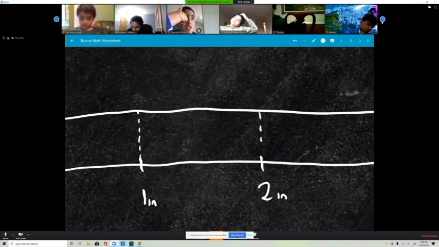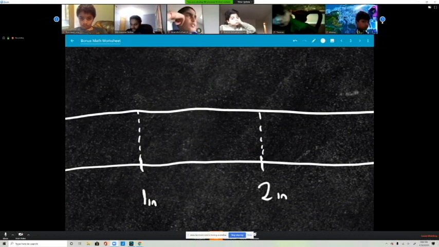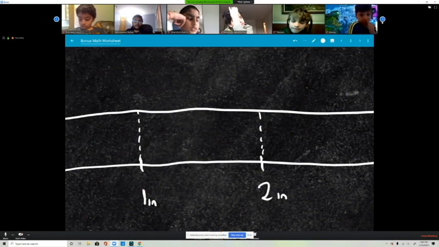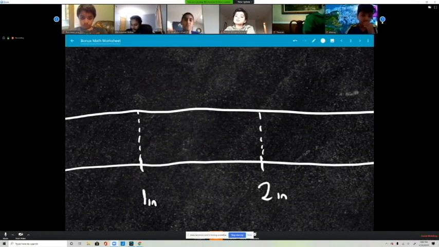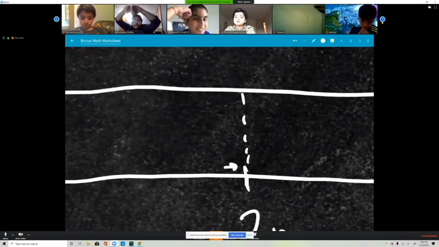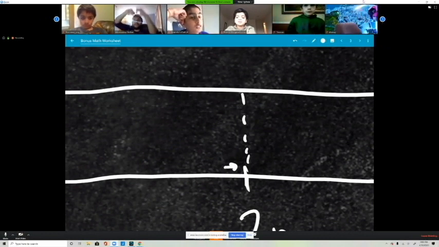You guys need to understand that there are an infinite amount of numbers between these two. If I asked you the question, how many numbers are there between 1 and 2? What would your answers be? Infinite. Because no matter how close you get to 2, you can keep dividing and dividing and get a little bit closer, but not quite there yet.